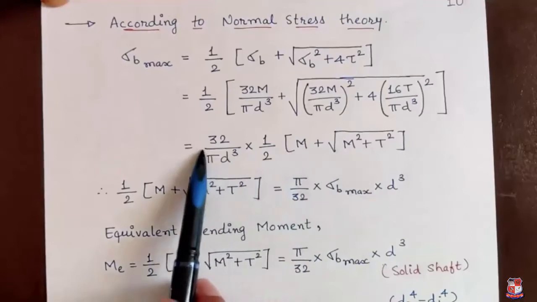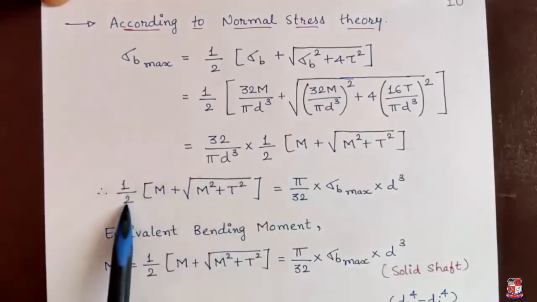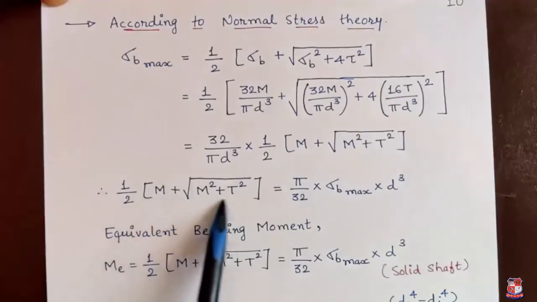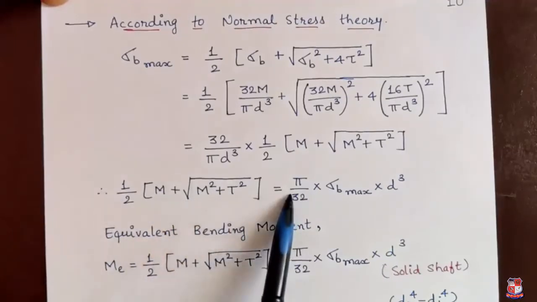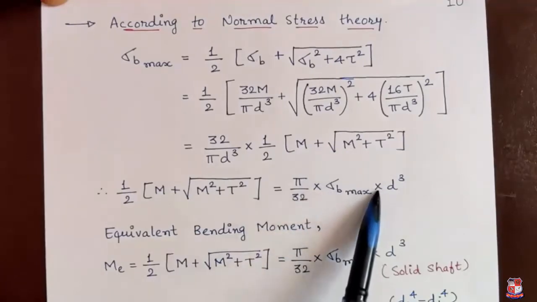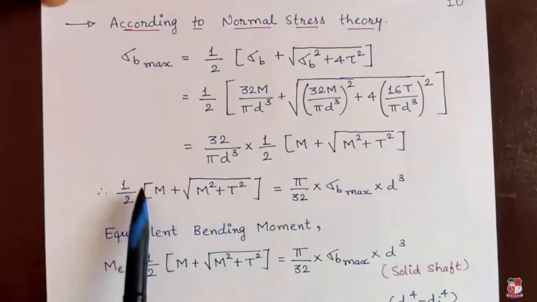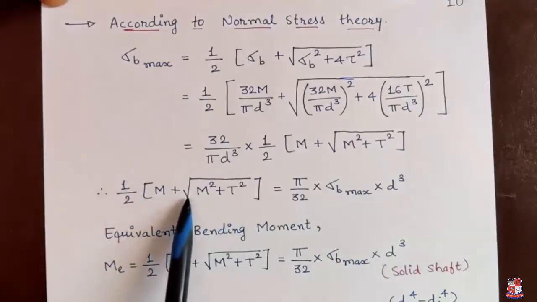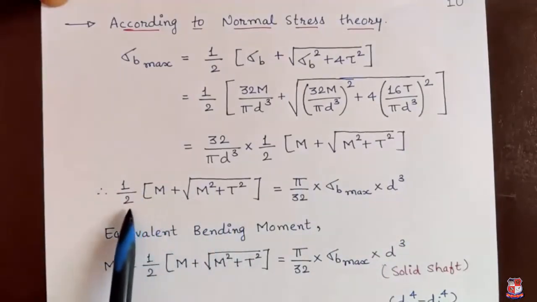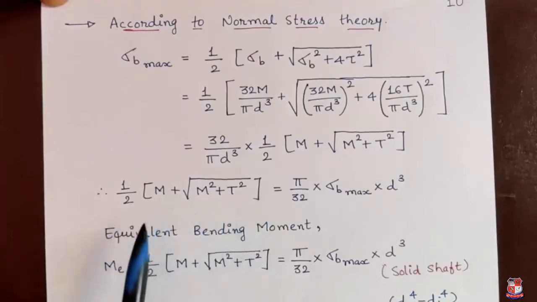So again we have to simplify this equation to get the final answer, that is 1/2 of M plus root of M square plus T square is equal to pi by 32 into sigma b max into d cube. Now we know that this 1/2 M plus root of M square plus T square basically indicates equivalent bending moment, and that is indicated by ME.